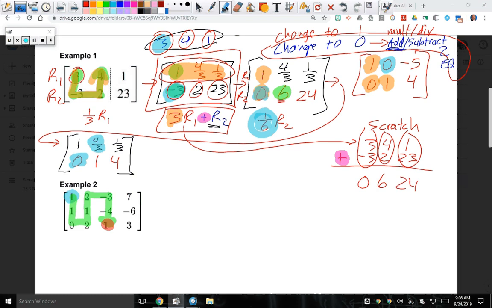So guys, this change right here that just happened created this new row. That's a huge moment, okay? So now, you keep the same row 1, even though you used it to add to row 2.